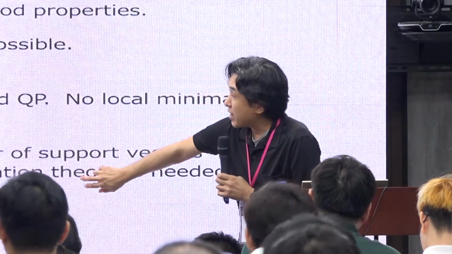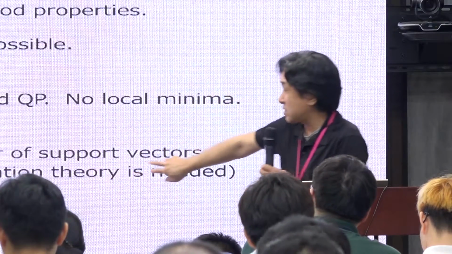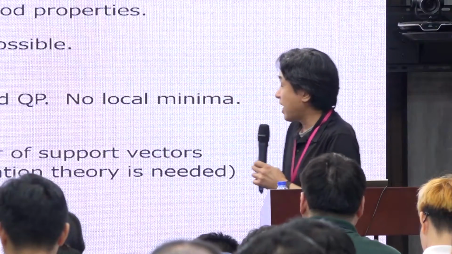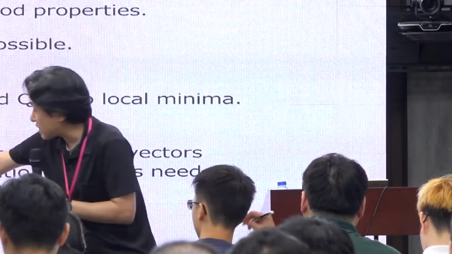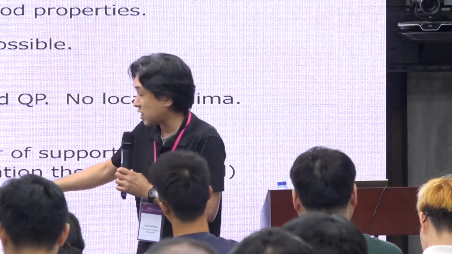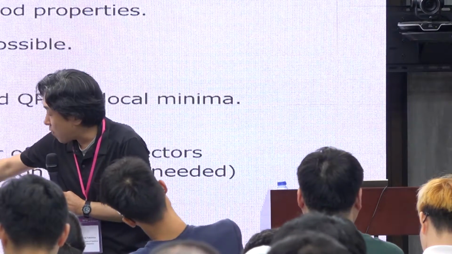And another one, which is not discussed in this lecture, is that the final solution is given by a linear combination of feature vectors, but many of the coefficients are zero.